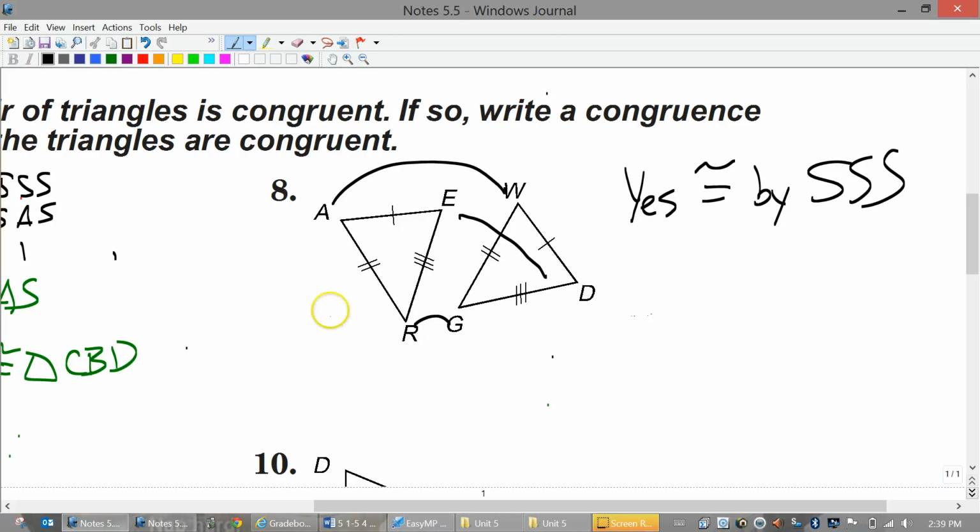Also notice when we write our congruent statement, do y'all see that A has 1 tally and 2 tallies that border it? If we write A first, then we look at the other triangle looking for 1 tally and 2 tallies. That's W. E does 1 and 3. D is 1 and 3. R is 3 and 2. G is 3 and 2. Tallies that border it. Okay?